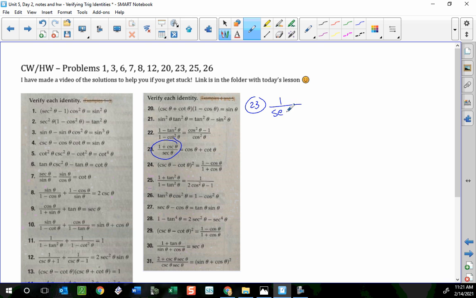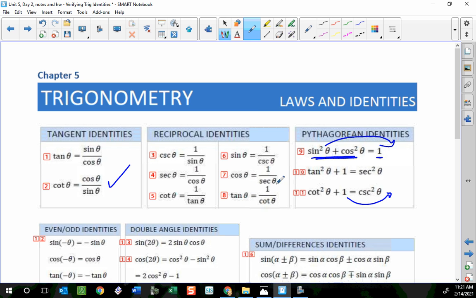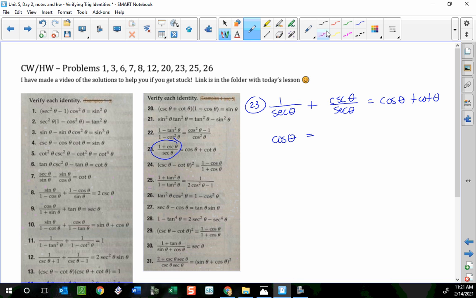Remember, we're allowed to do that when the addition or subtraction is on top. And then cosecant over secant. I want this to equal cosine plus cotangent. So 1 over secant, I already got my cosine. Remember, that's just one of the rules. 1 over secant is cosine. Oops, not an equal sign.